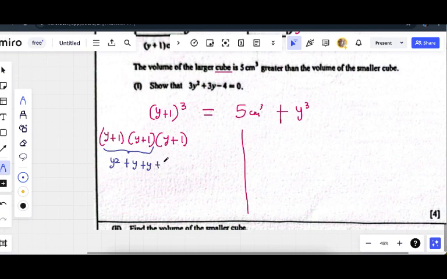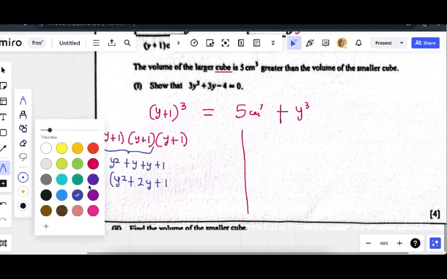So if you do the first two, you get y squared, then y plus y is 2y, just like 1 orange plus 1 orange is 2 oranges. So I write 2y here plus 1: y squared plus 2y plus 1. So I have expanded this one. I will now use what I got to expand with the next one. So I bring another bracket. Let's use another color.